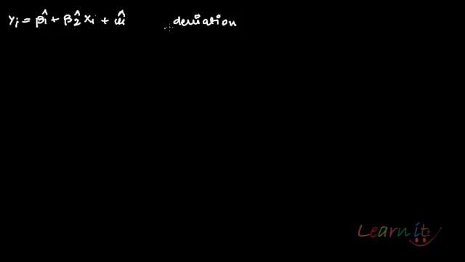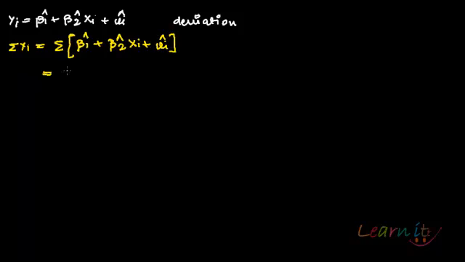That is, both y and x are in the form of deviation from mean. Well, in case I sum both sides of this equation, what I get is summation yi is equal to summation of beta 1 hat plus beta 2 hat xi plus ui hat.